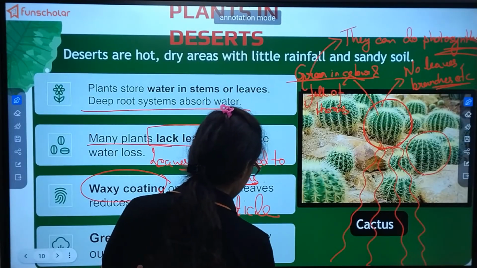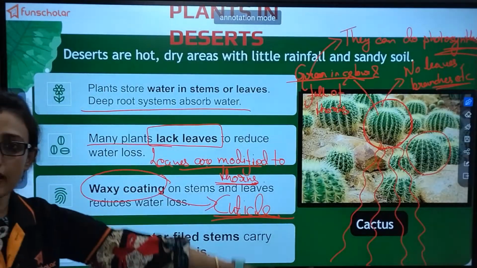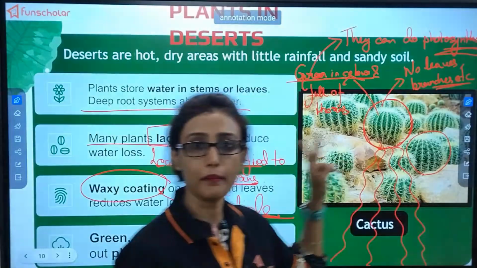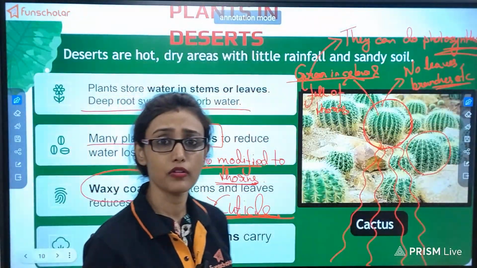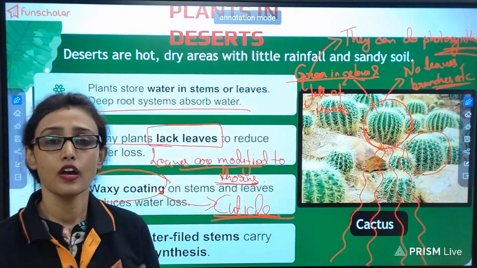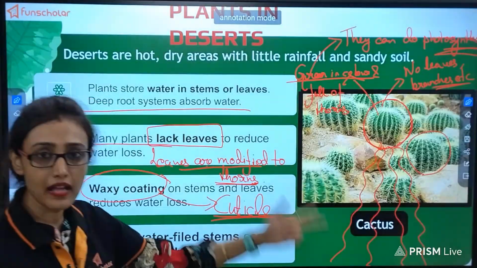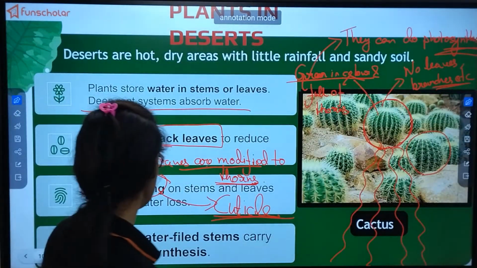I have already taught you in my previous classes. So, to prevent loss of water over here, they have waxy coating. But the plains region, as they get sufficient amount of water on a regular basis, so they do not need waxy coating. But desert plants, they do need waxy coating, which is known as cuticle.